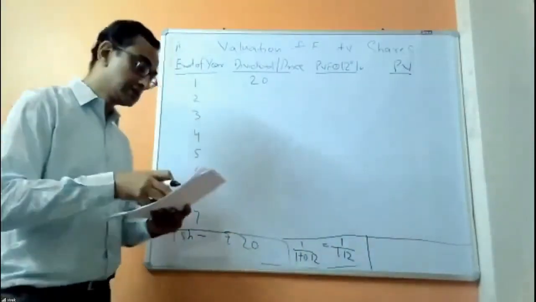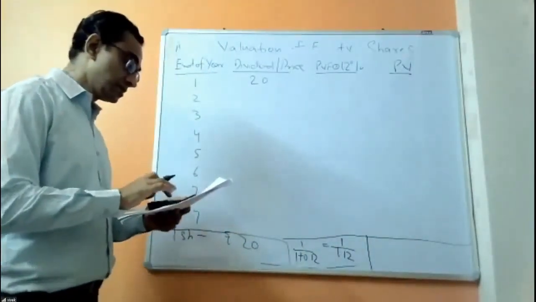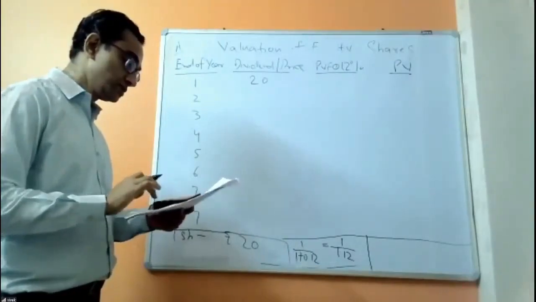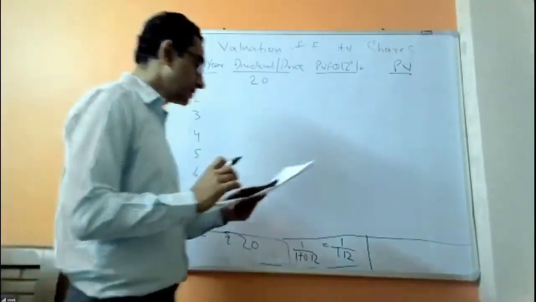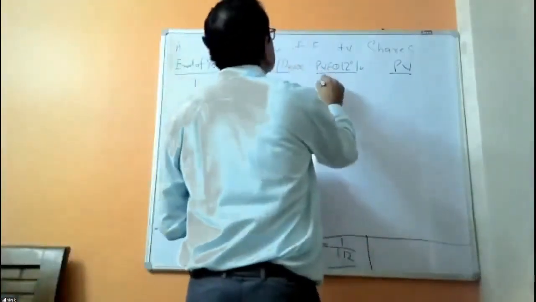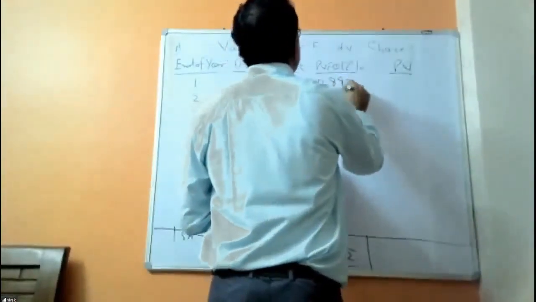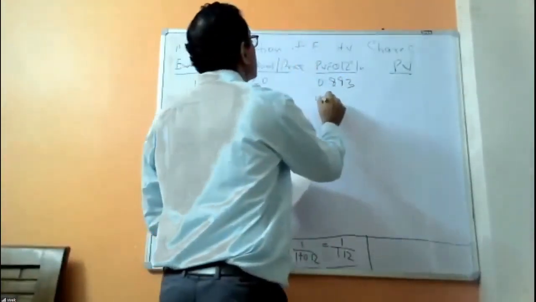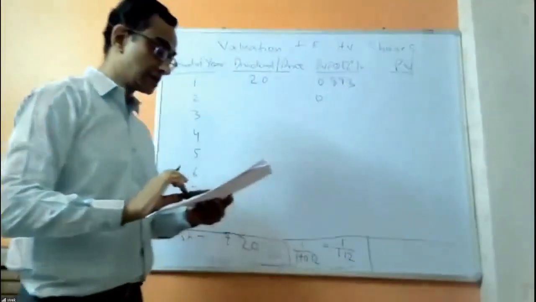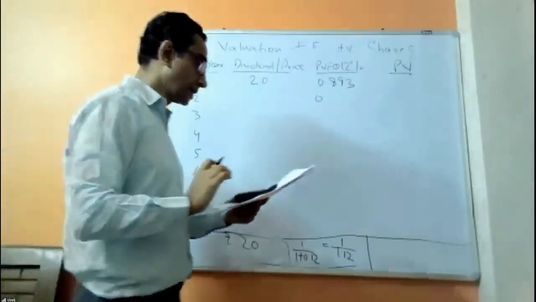So let us do it on the calculator: 1 upon 1.12. It is 0.893 for the first year. For the second year, just click on the equal to sign.